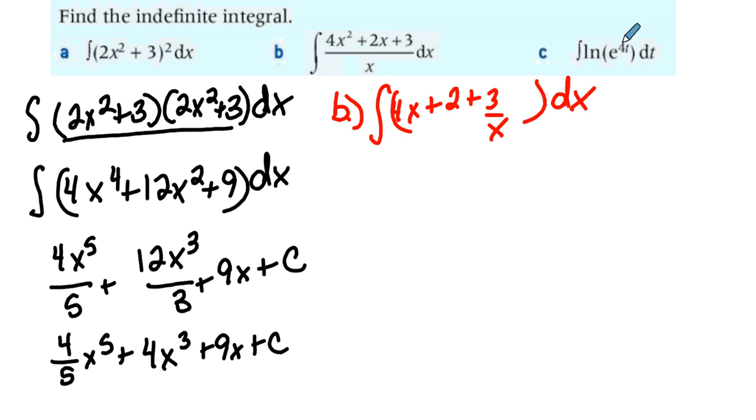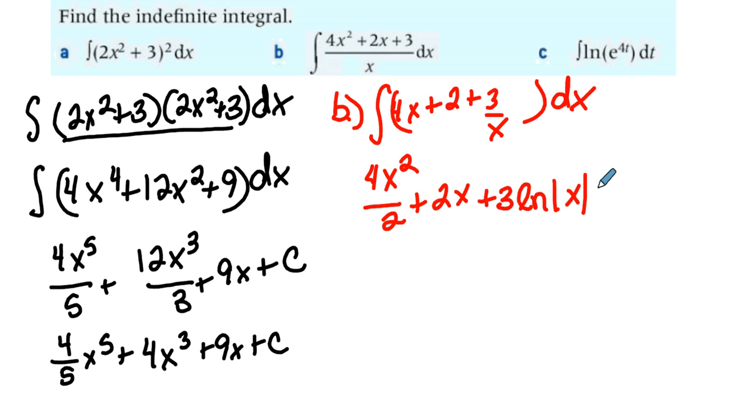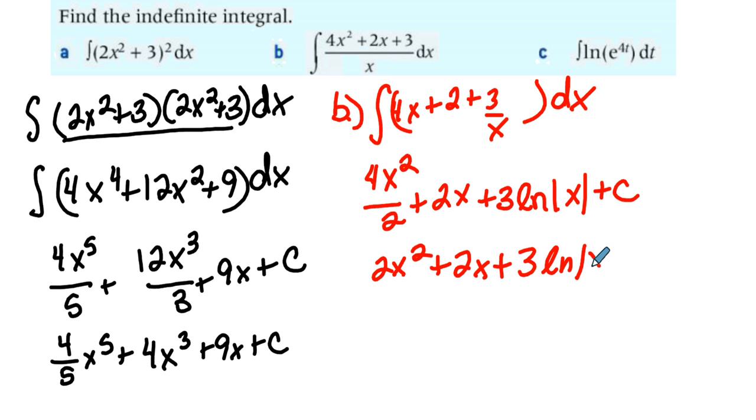So when we integrate this, we get 4x squared over 2 plus 2x, and integrating 3 over x gives 3 natural log absolute value x plus c, which then just simplifies to 2x squared plus 2x plus 3 natural log absolute value of x plus c.